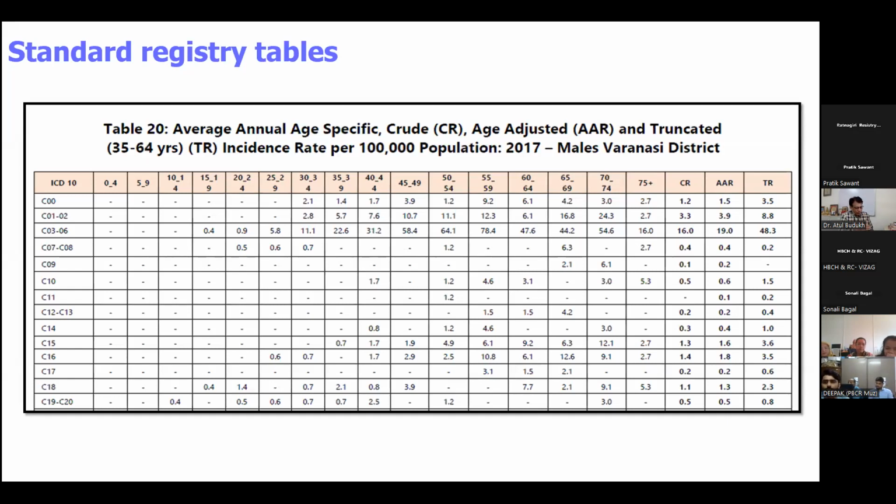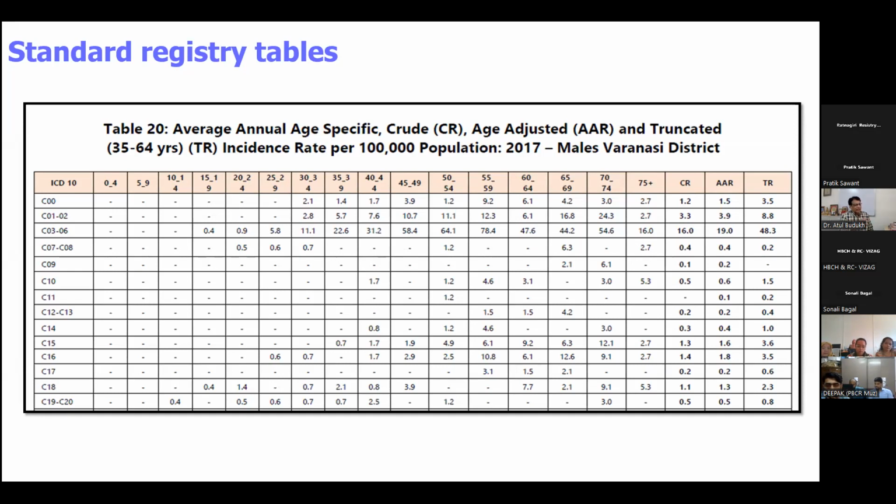And when you want to compare with other countries, you have to use the rate called the age-adjusted rate. If you want to compare the 35 to 64 age group, you have to calculate the truncated rate. And in layman's language, when you want to say what is the risk of getting cancer, 1 in 10, 1 in 6, 1 in 12, 1 in 50, 1 in 33, that is the cumulative rate.